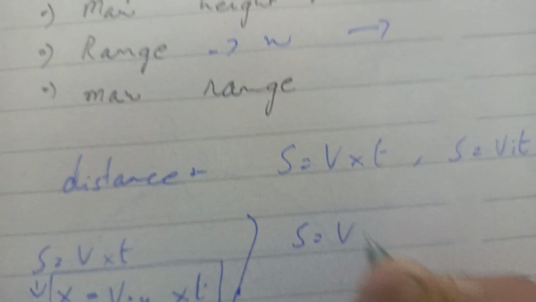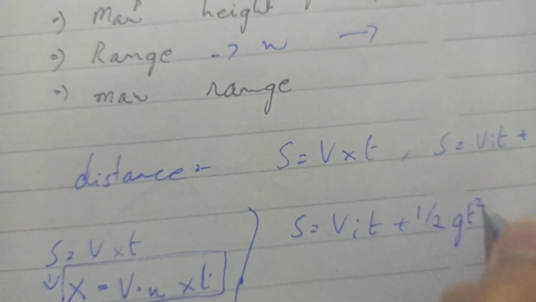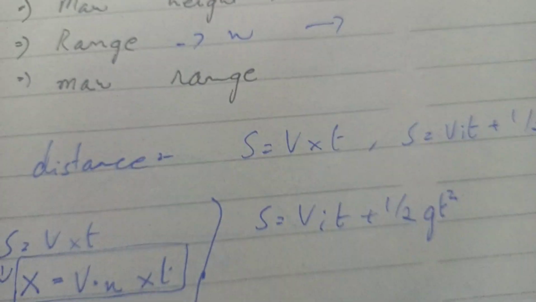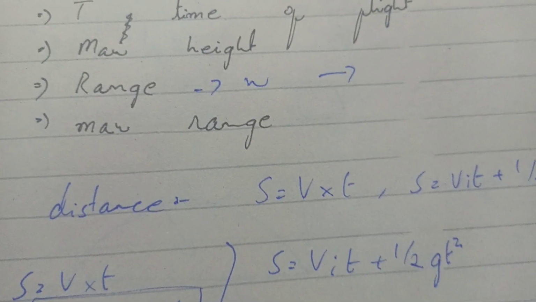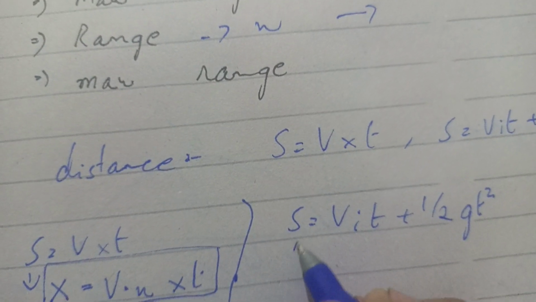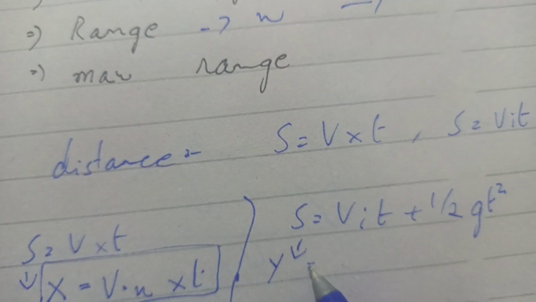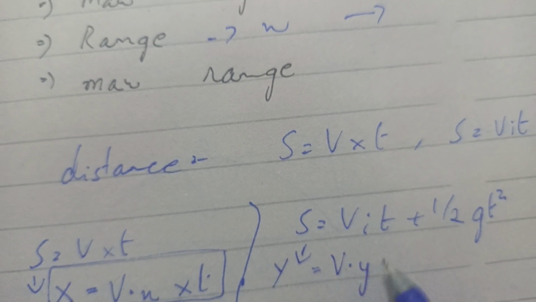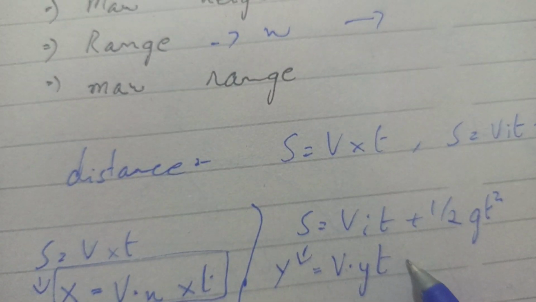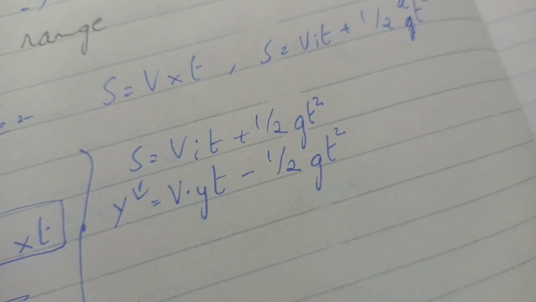So s is equal to v_i t plus 1 upon 2 g t square. We have to put the g because we'll talk about gravity in the y component; we cannot talk about acceleration. So again, it will be denoted by capital Y is equal to, instead of v_i we'll put v naught y t, then minus 1 upon 2 g t square.